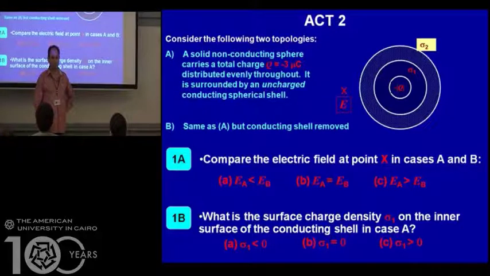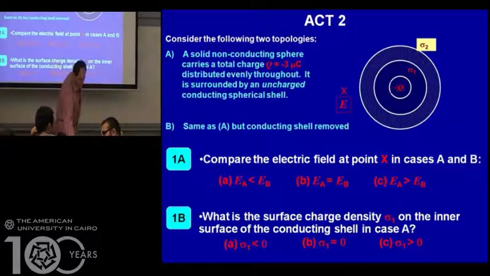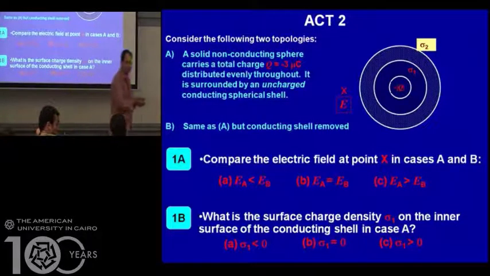Take into consideration R. Forget about R for now. We'll do it. What does that mean exactly?